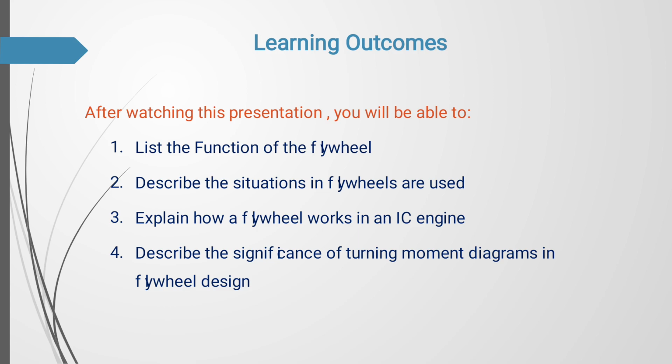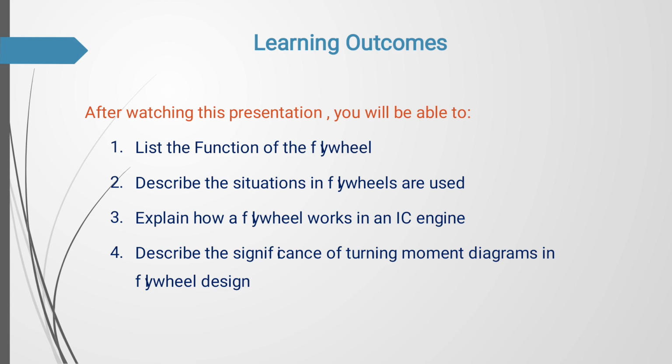How can we determine this fluctuation of energy? That is also an important task. Then the coefficient of fluctuation of energy. Then the flywheel: its dimensions, what parts are available, what design considerations there are, and how the important dimensions of the flywheel can be calculated.